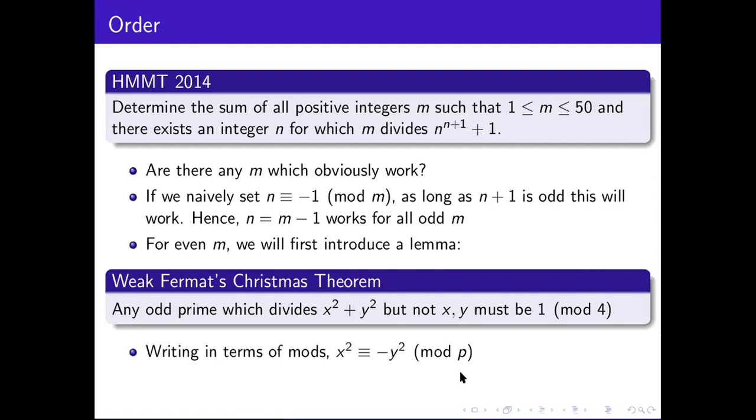So let's write it in terms of mod p. x squared is equivalent to -y squared mod p. And move the y squared over to get that x over y squared is equivalent to -1 mod p. So in this form, can anybody tell me something about x over y?